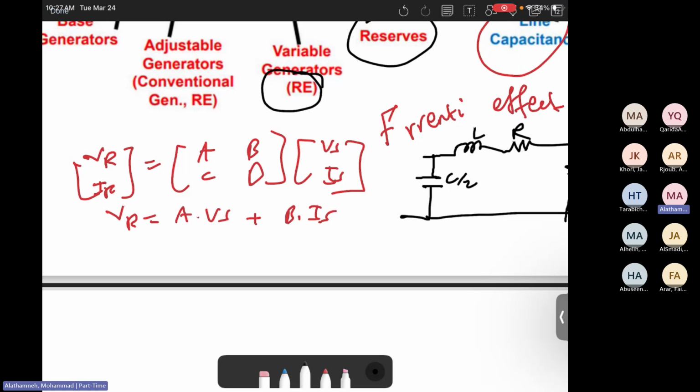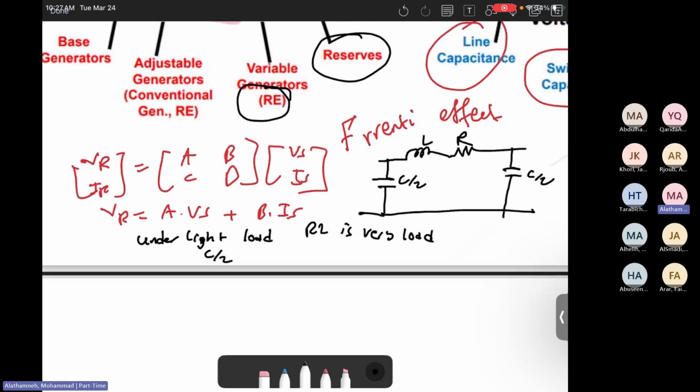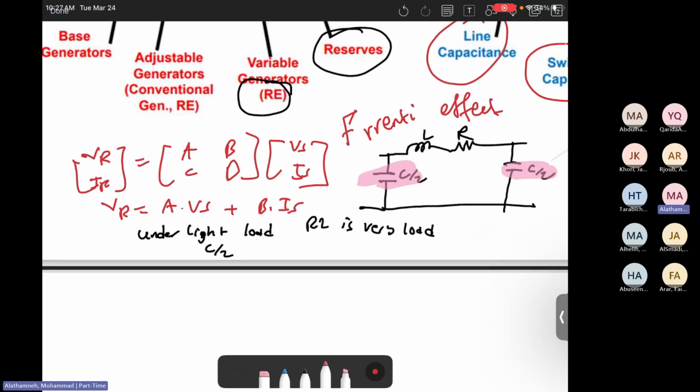Okay, sometimes under light load, whereas RL is very low, the capacitance C over 2 of the transmission line, both of them, will provide reactive power larger than the reactive power of the load.